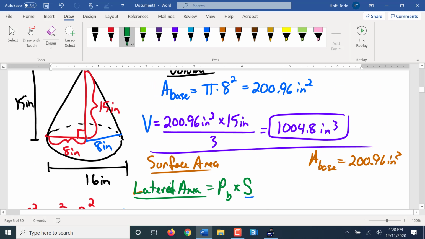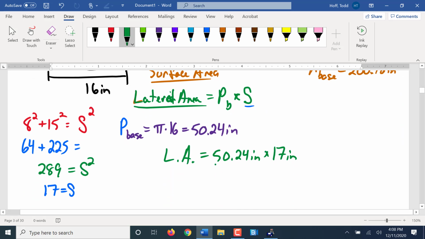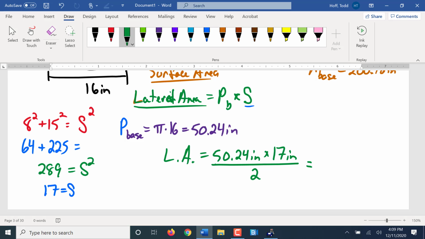If I unrolled that lateral area, does it form a rectangle anymore? No, it would form a triangle. So when we do the area of a triangle, we have to divide by 2. What's that give us? Yep. 427.04 square inches is lateral area.